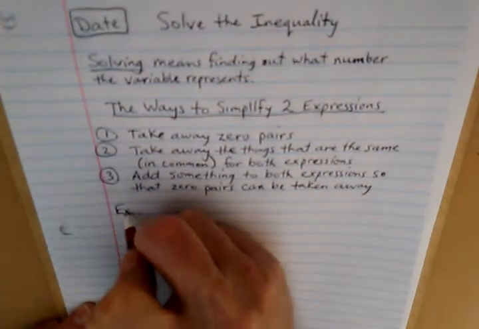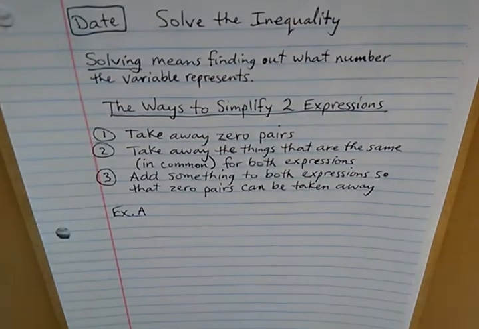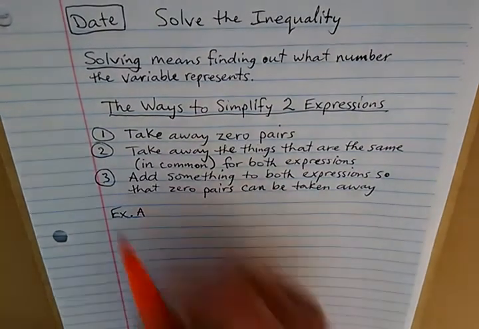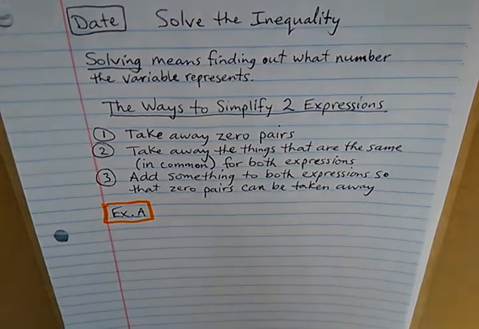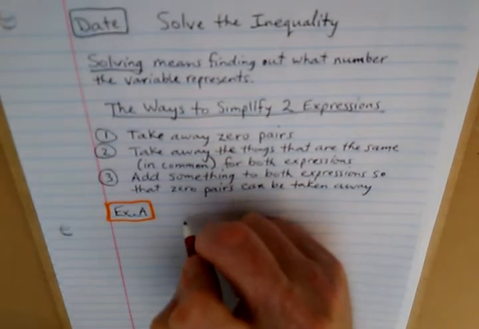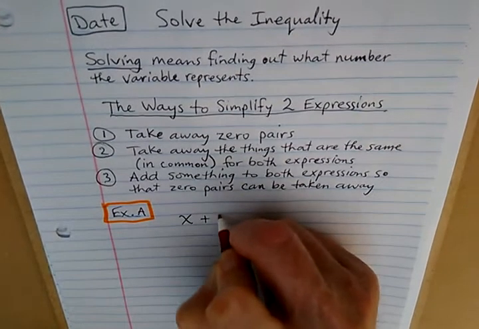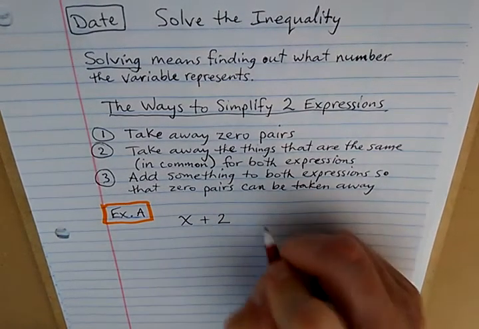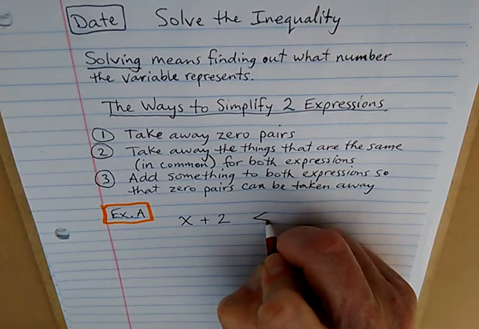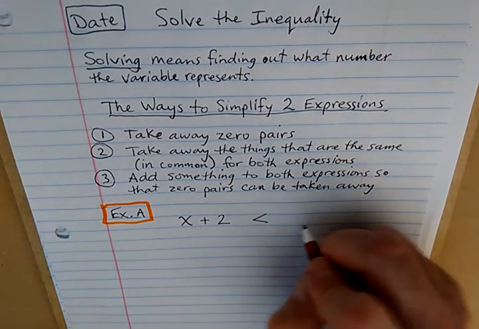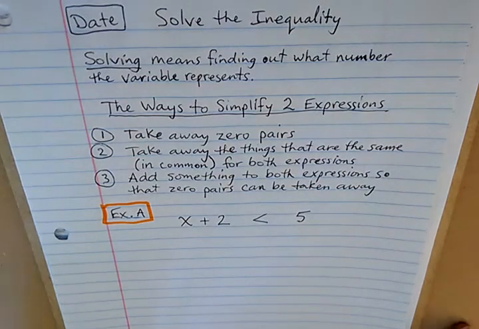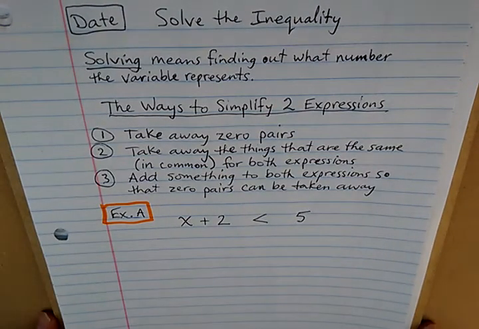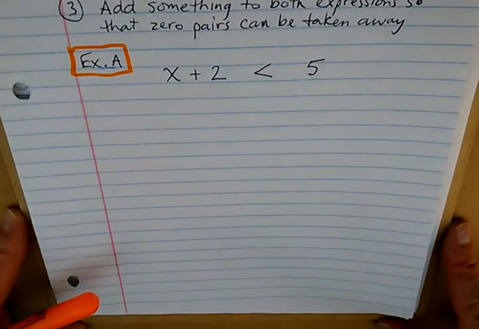We'll call this example A. So we're going to have two expressions. The first one is x plus 2 is less than, and then the other expression is just a number, just 5. x plus 2 is less than 5.